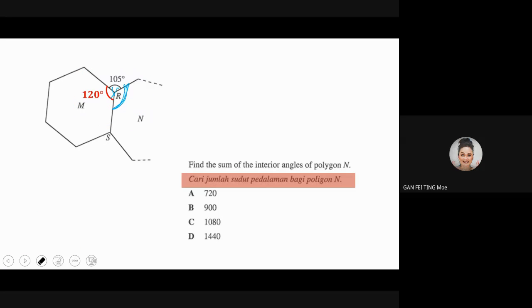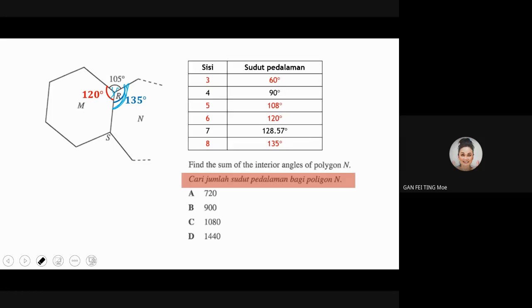Then, how are you going to make sure that you can get this? Unless you memorize the series of this. I show you this one. Memorize this. Then you'll get to know that 135 here is an octagon, right? It is an octagon.